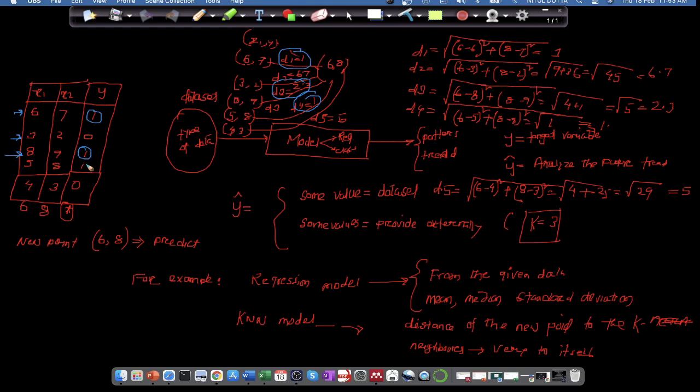Am I correct? This one, this 3. So since K is equal to 3, we will compare the distance from the new point 6, 8 to the closest 3 members.